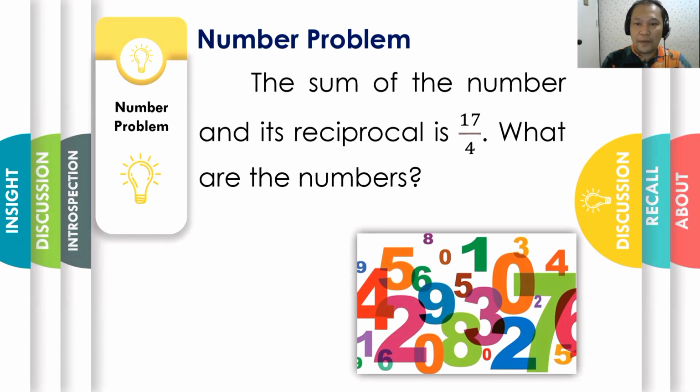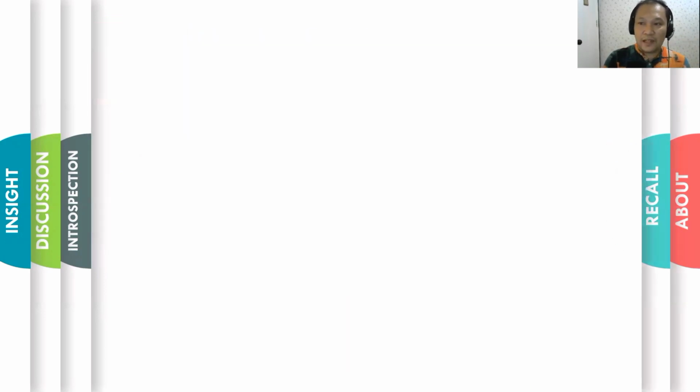In this problem, we are looking for two numbers, the number itself and its corresponding reciprocal, wherein if we get the sum, that will be 17/4. We have to follow the recommended suggestions in solving word problems.